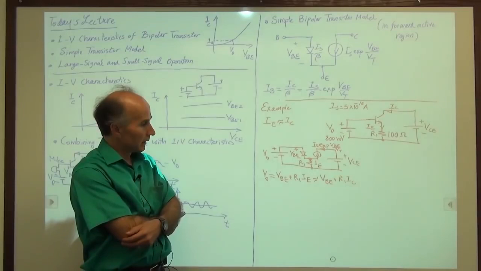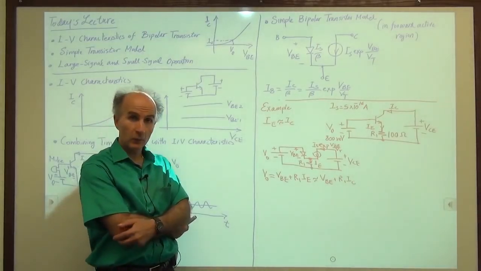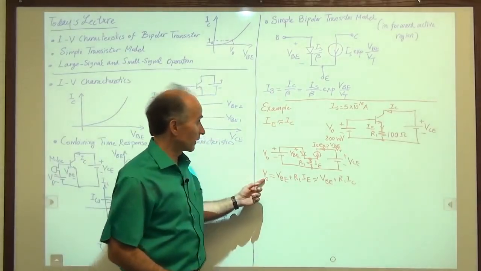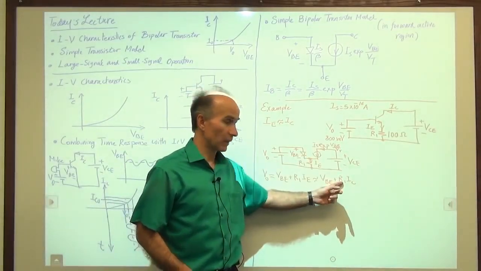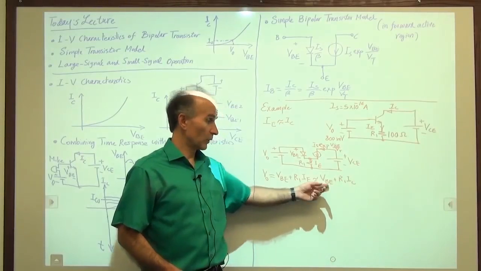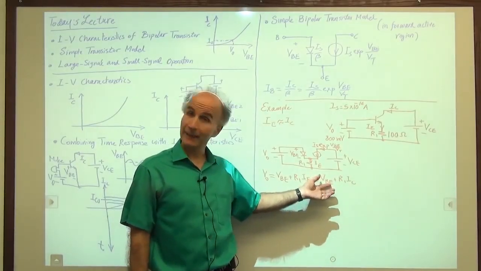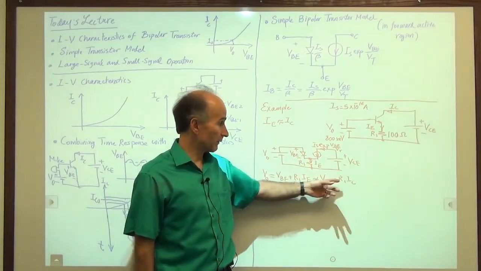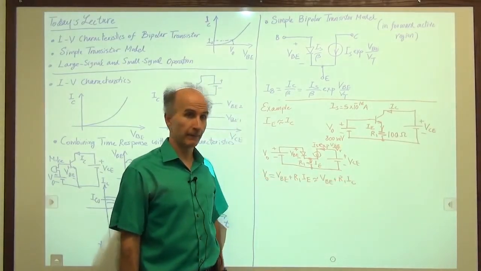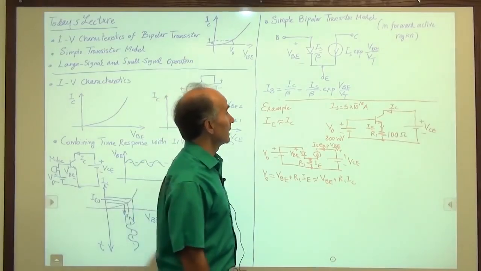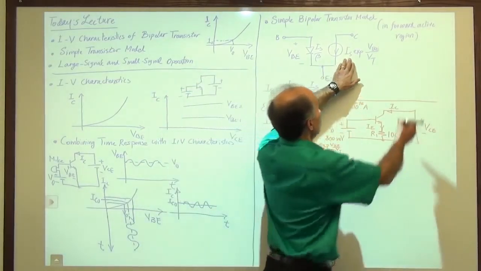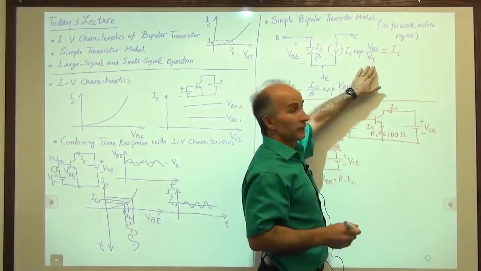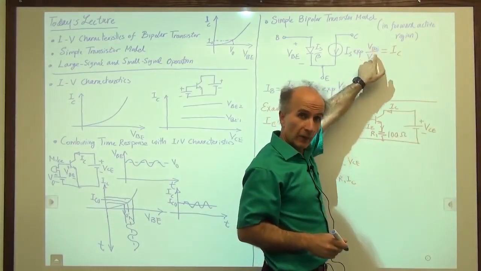Okay. All right. Are we done yet? We are looking for IC. But we know V0 is 800 millivolts. We know R1, 100 ohms. But we don't know VBE exactly. We can make a guess, but we don't know it exactly, because VBE itself is a function of the collector current. So what I can do is, because IC is equal to IS exp of VBE over VT, I can find VBE from here.